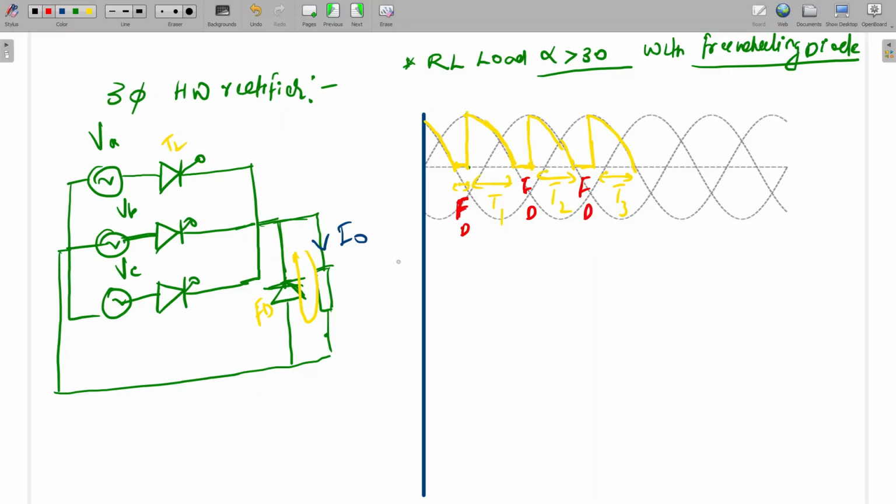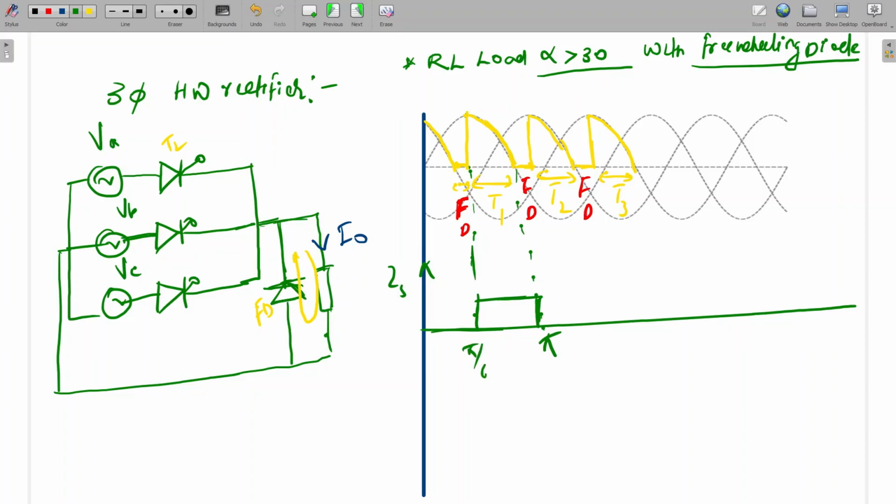So we can draw the waveform here also. First I am going to draw the source current IS, T1, and here to here. So this angle will be pi, and this one is pi by 6 plus alpha. Is it clear? What will be the average voltage here?